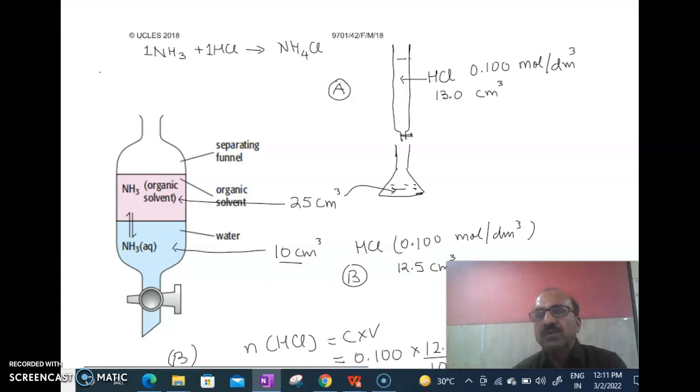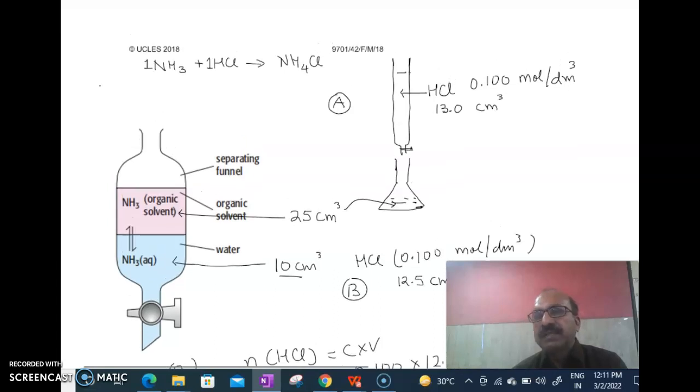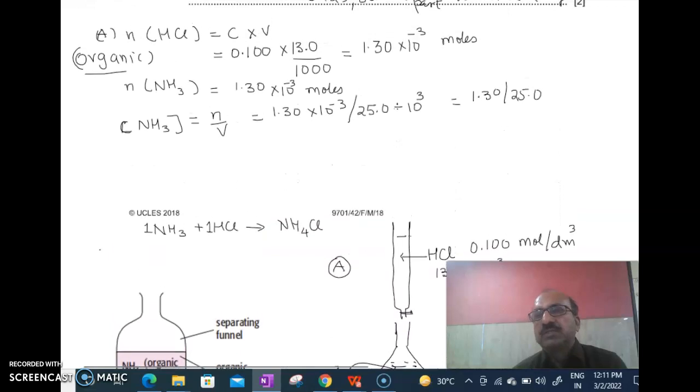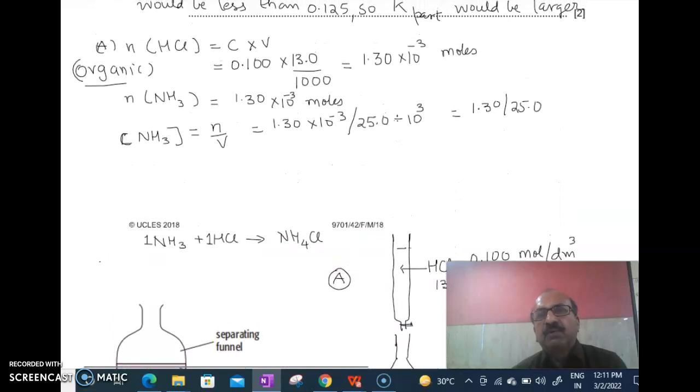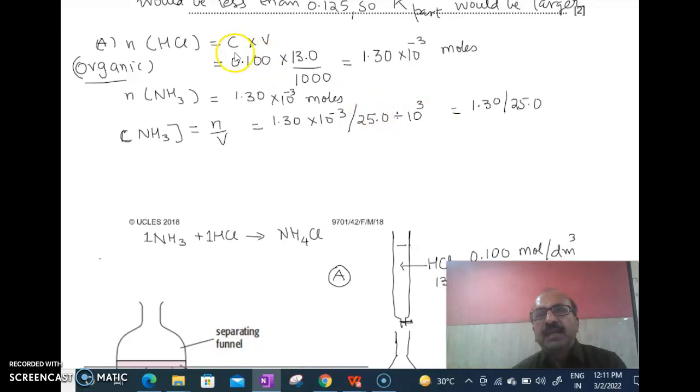Now let us work out how many moles of hydrochloric acid were present. The number of moles of hydrochloric acid can be calculated using the C into V relationship. The concentration is 0.1 and the volume that we used is 13, and to convert it into dm cube we divide by 1000, which gives 1.30 into 10 raised to minus 3 moles. That is the number of moles of hydrochloric acid. The number of moles of ammonia must also be the same, because they react in the ratio of 1:1.